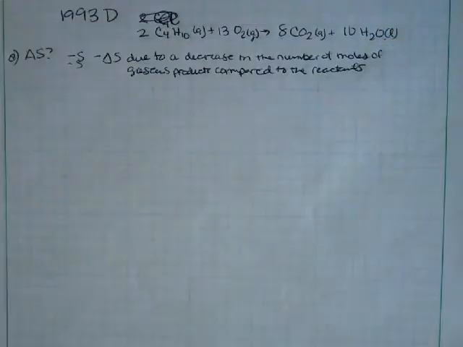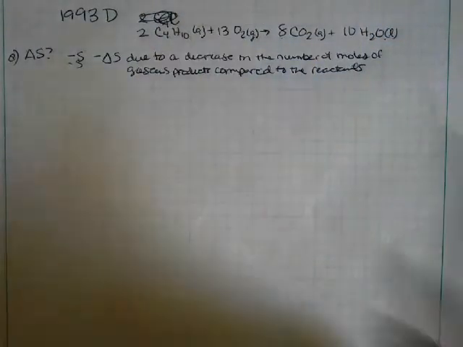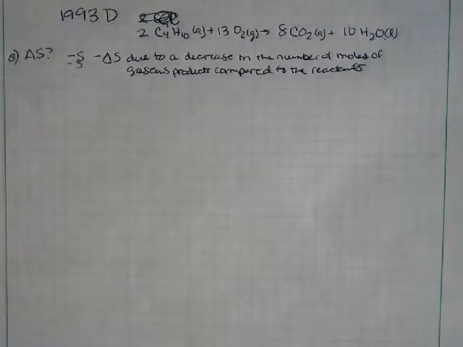I'm not very good at spelling, but good enough. You could also say that a liquid is formed from gaseous reactants. That would also be a good, valid reason for a decrease.